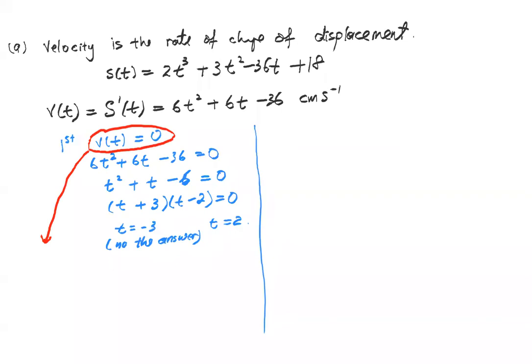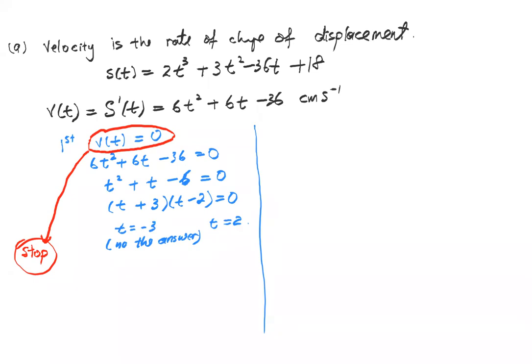So that also gives me the sense of stop. The particle stops moving. If I ask you to find when the particle stops moving, that means vt equals 0. You are not moving. Your velocity is 0 means you are not moving, correct? So your displacement is stationary.